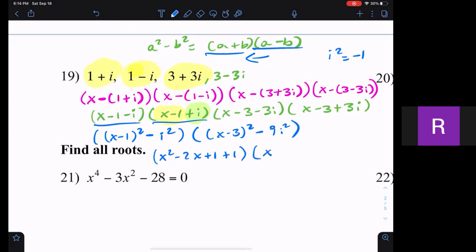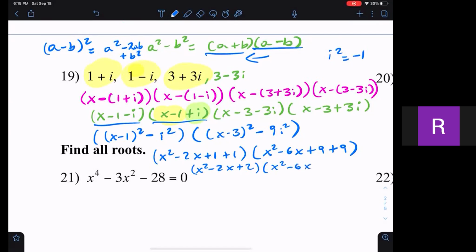And then you have here the same x squared minus 6x plus 9, and this is going to be plus 9 here too. Remember, this is the binomial expansion: a squared minus 2ab plus b squared. So now simplify: x squared minus 2x plus 2, and this is x squared minus 6x plus 18.